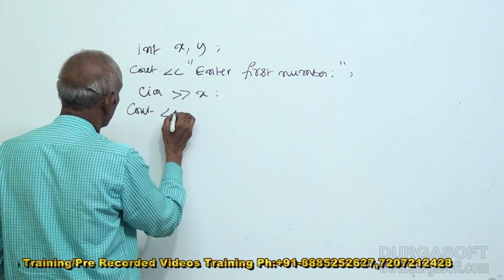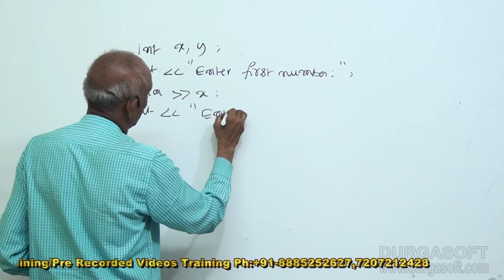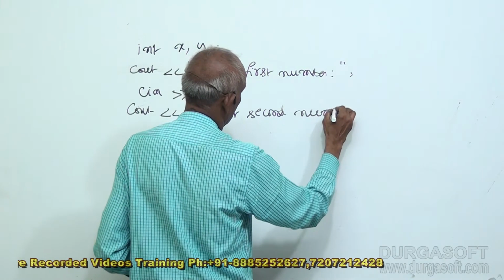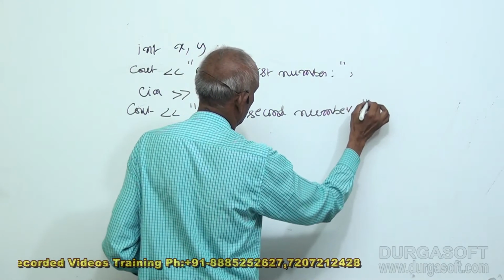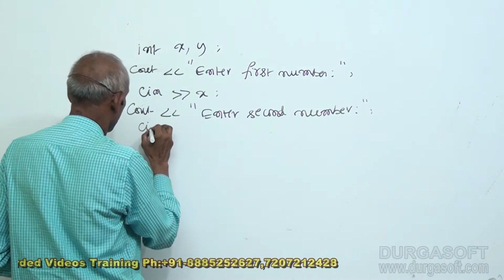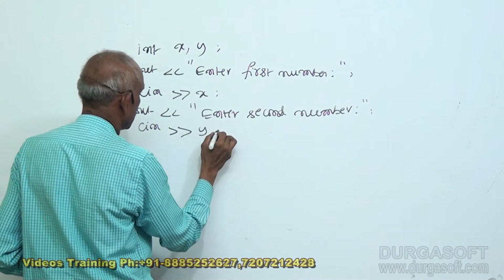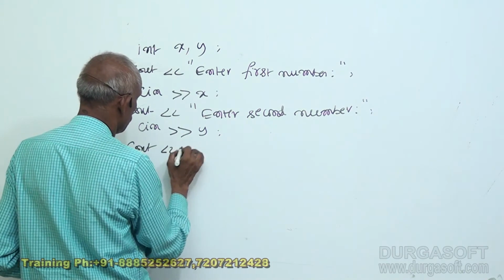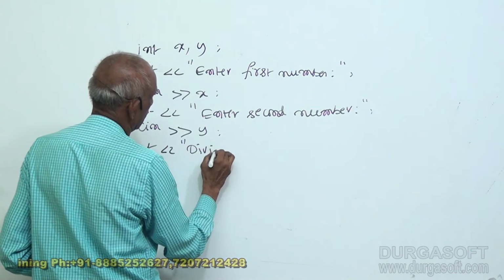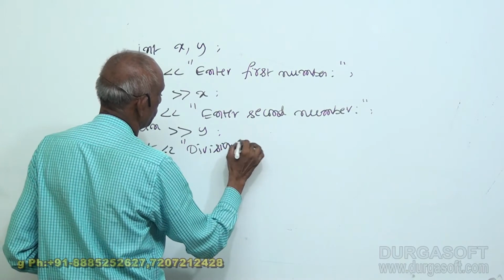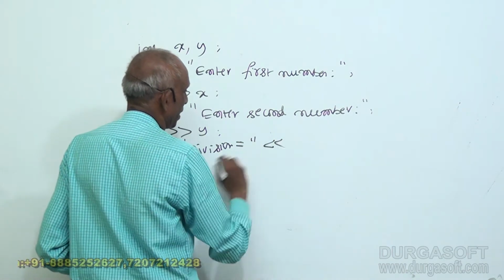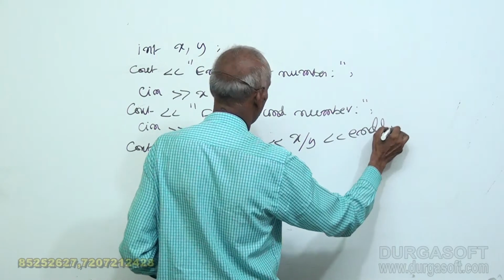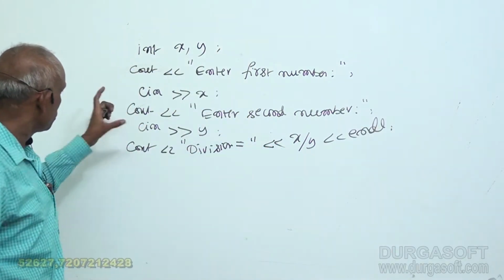Then ask for the second number, "Enter second number", and store it in y. Now display the division result: cout "division is equal to" x by y, end line. This is a simple program with simple division.